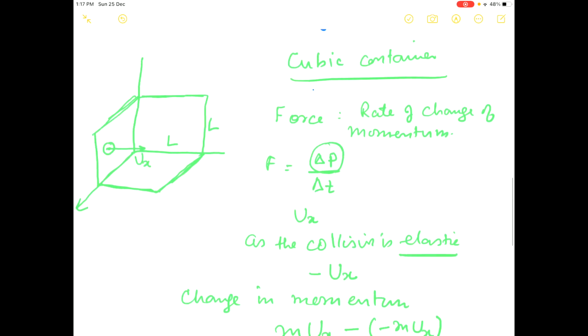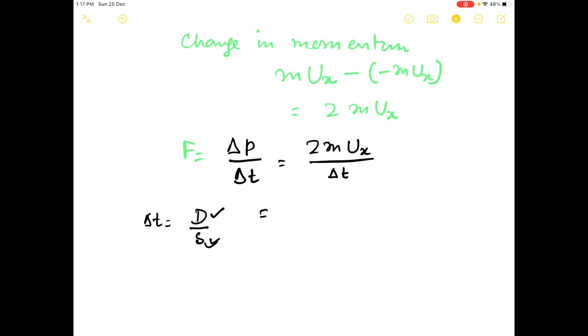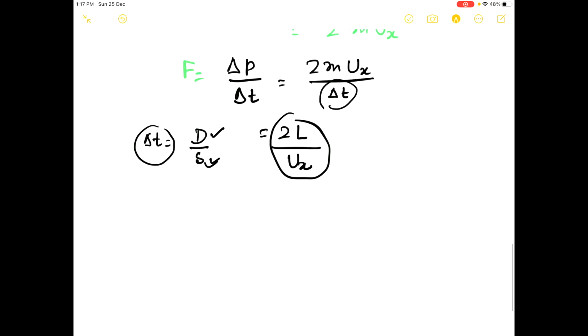The distance travelled between two collisions is L, and again L, so the distance travelled will be 2L, and the speed of the molecule is taken as ux. Then we replace delta T by this value.